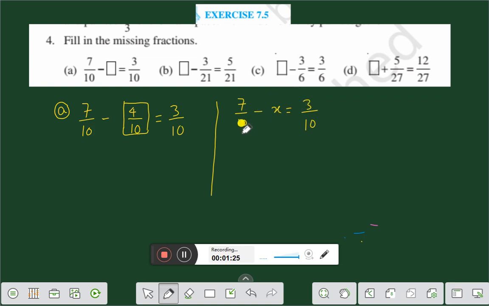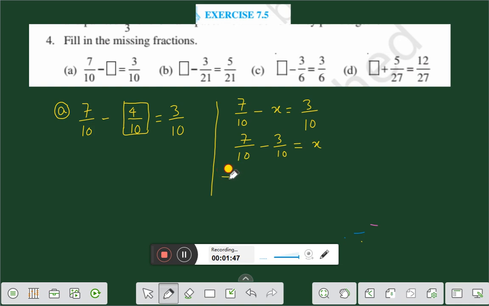Therefore, it is 7 by 10, this is plus 3 by 10 on this side, it will be minus 3 by 10, and this will be equal to x. X on the right side will be plus, and 3 by 10 on the left side will be minus.